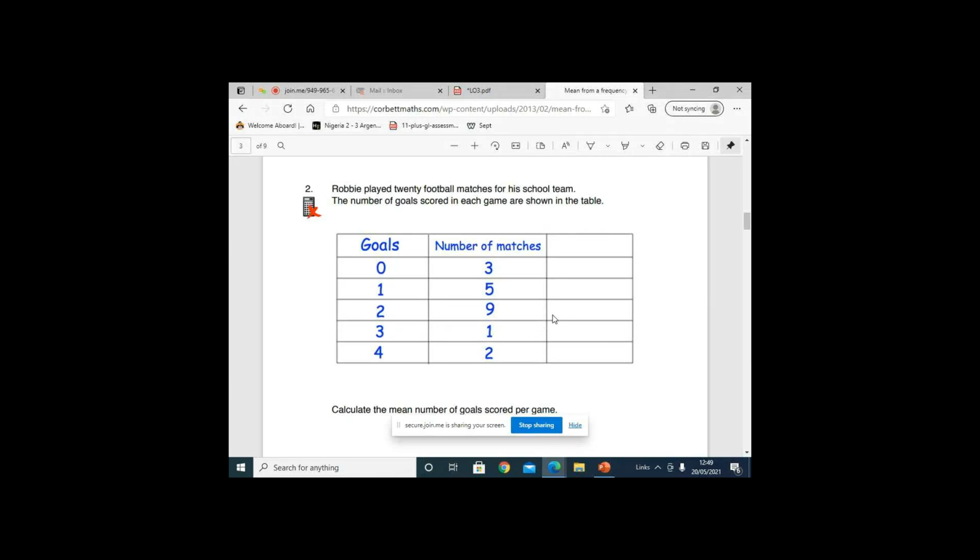So can you find the mean of this one, please? Yes, just the mean. For the median, we can take the highest number and the lowest number.